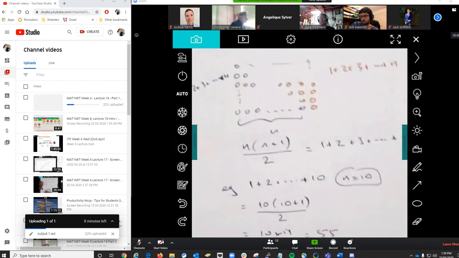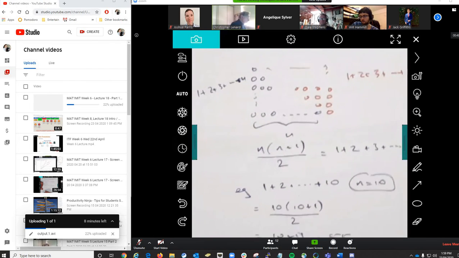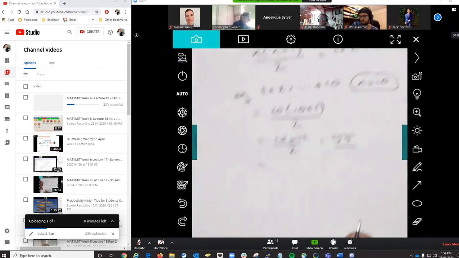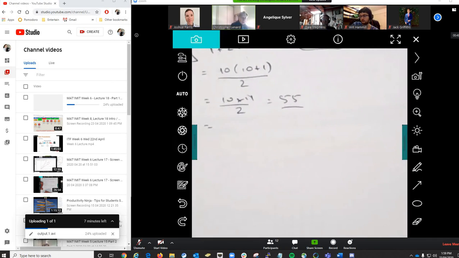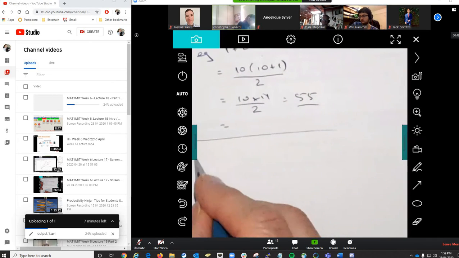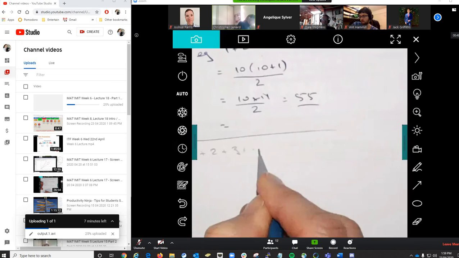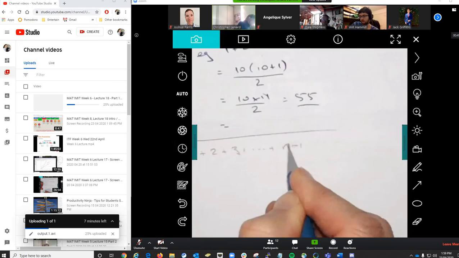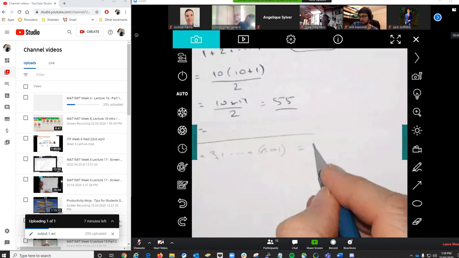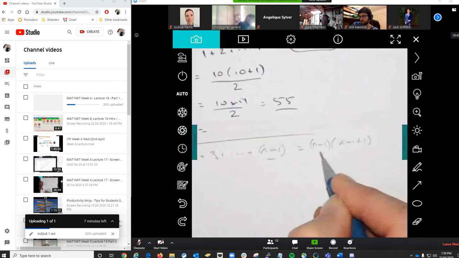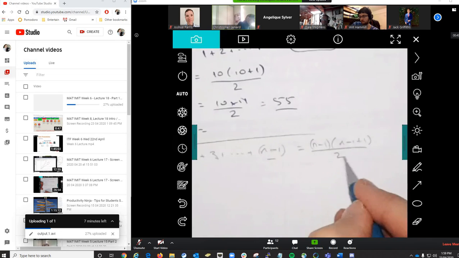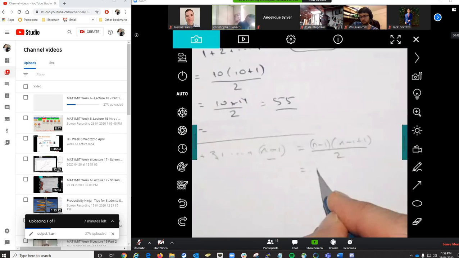So this formula that we just did basically says that if we want to add up everything as far as that, we take the end point times 1 plus the end point, divided by 2, so that's n times n minus 1 over 2.